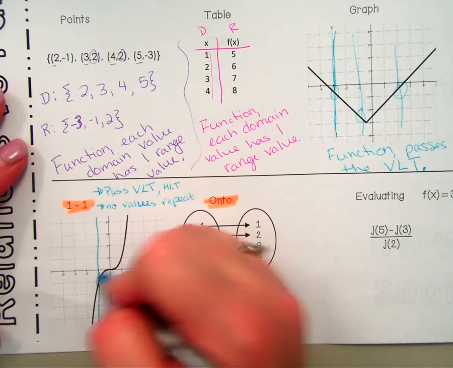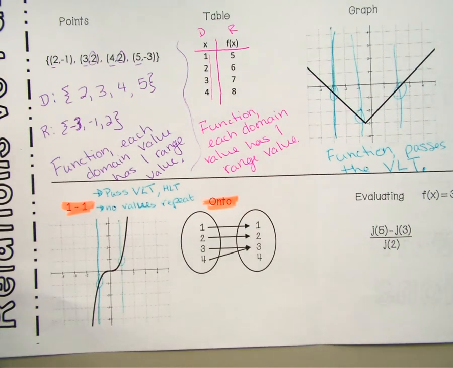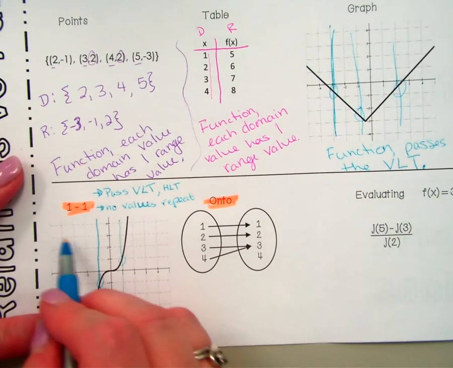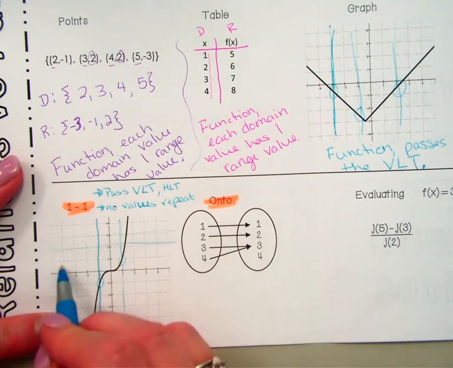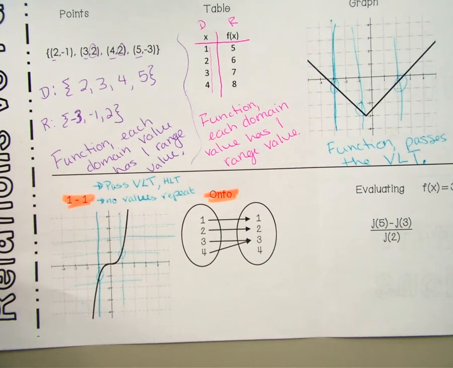So this is a one-to-one. First, it passes the vertical line test. No matter where I draw that vertical line, it's going to hit the graph once. And same thing with our horizontals. Anywhere we draw a horizontal line, it's only going to hit the graph once. So this graph here is an example of a one-to-one function. If we had a table, you would look at both domain and range, see if any of those values repeat.